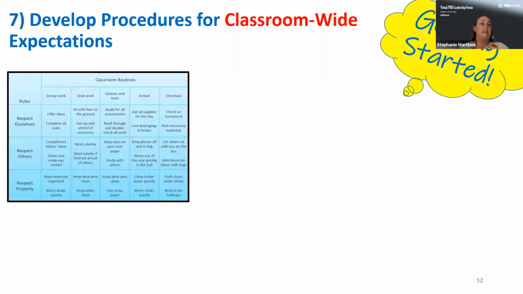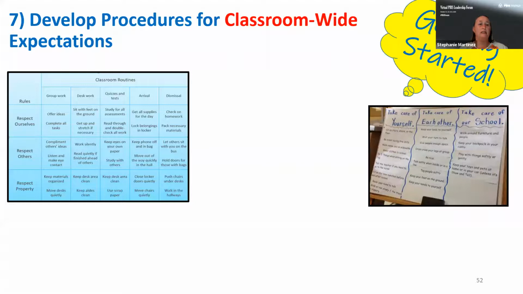So developing procedures for classroom or class-wide expectations, like I said, we want to give some teachers some of that autonomy. So we might give them a blank matrix that has the expectations that are school-wide on there. And then the teachers get to identify which routines that they need some definitions for, and then they describe what that looks like in their classroom.